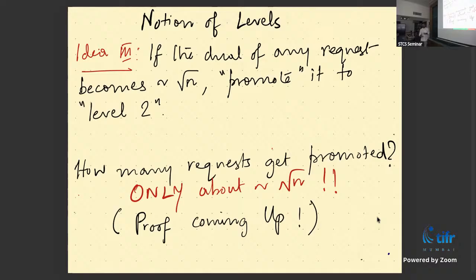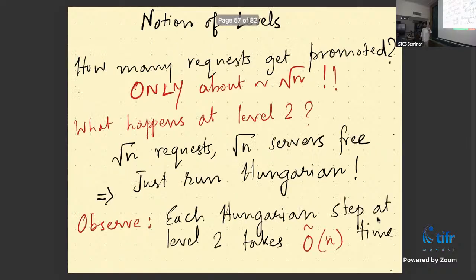The answer to that is only square root of n, and I will prove this in a bit. This is one of the nice, cute proofs, and it can be done in one slide. So the number of vertices that go to the higher level is only square root n. But remember it's a balanced graph. If I have square root n free requests at level 2, then the number of free servers which are not matched at level 1 is also square root of n. And now I can just use Dijkstra on this subgraph, right?